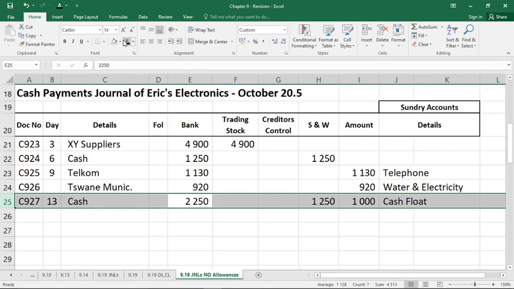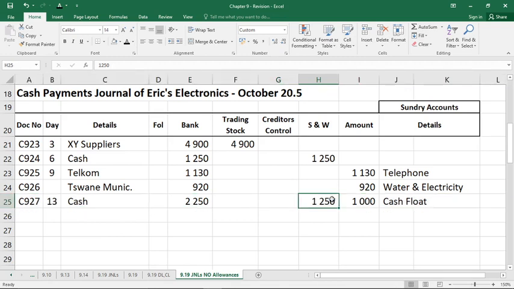We've paid or cashed one check. That's why we can't really use two separate lines. The line says check number 927, cash the combined 2250, 1250 being for salaries and wages, and 1,000 in sundry for cash float. Remember, cash float is an asset. It talks about the money we have in our till to give change with.